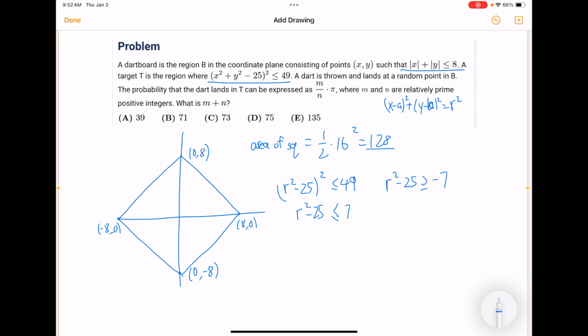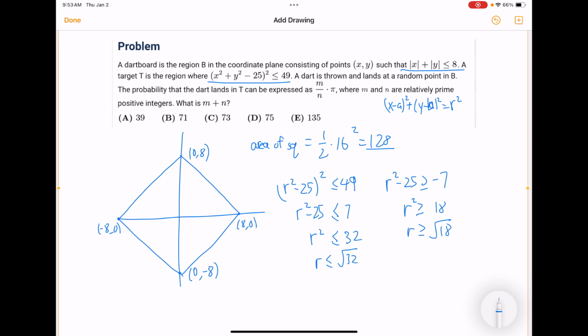Then I'm going to move the negative 25 over to get r squared is less than or equal to 32 and greater than or equal to 18. Then I'm going to take the square root to get r is less than or equal to square root of 32, and r is greater than or equal to square root of 18.